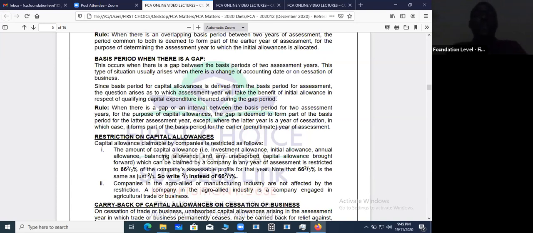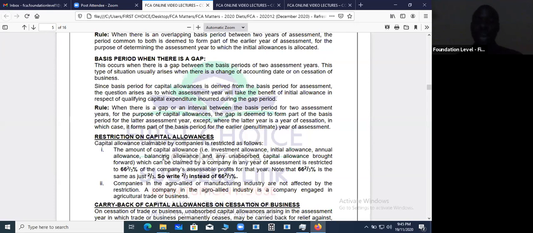So I'll restate it again. In overlap, the period of overlap is seen to belong to the first or earlier years of assessment.